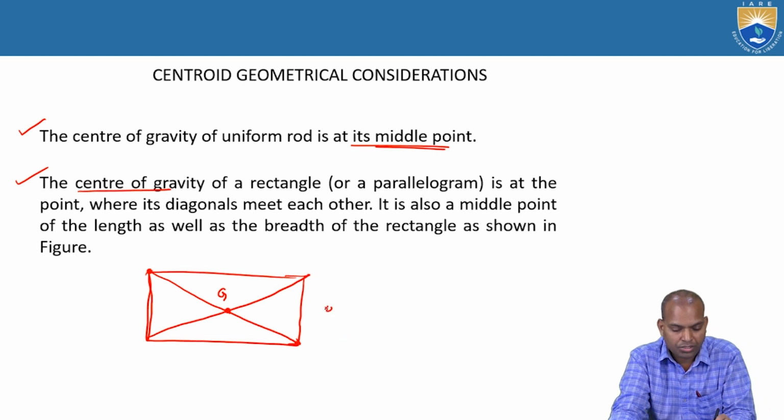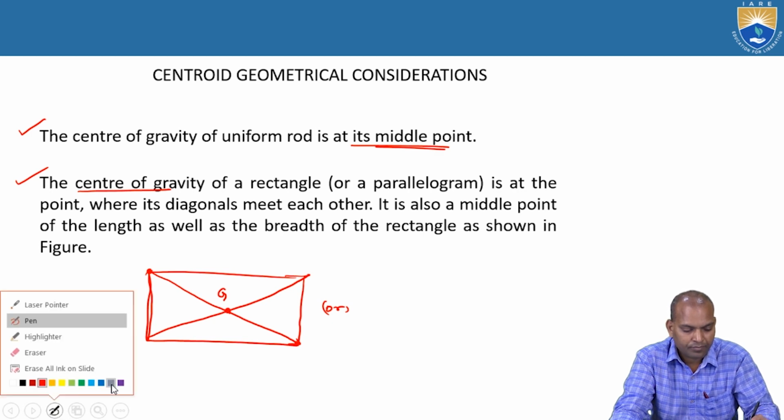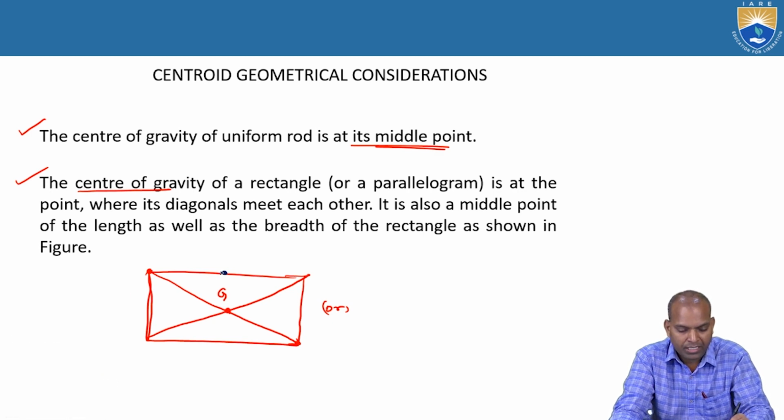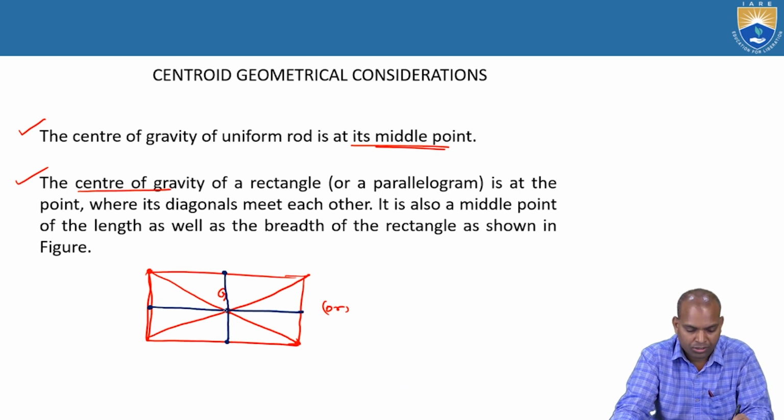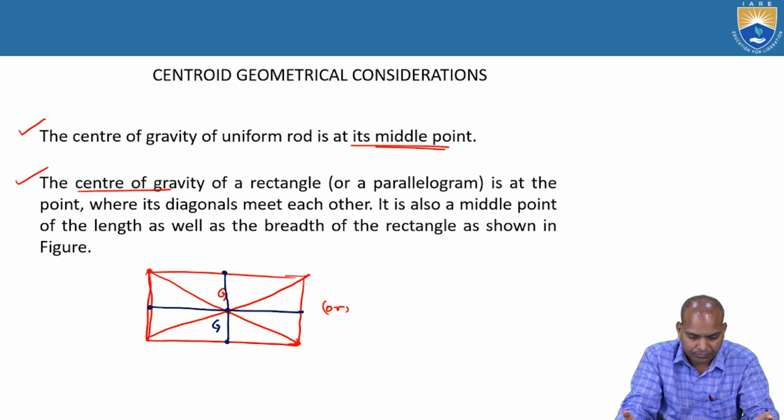Or also, if you consider the midpoint of the length and the midpoint of the breadth, and join these two midpoints, this is also the G point or center of gravity.